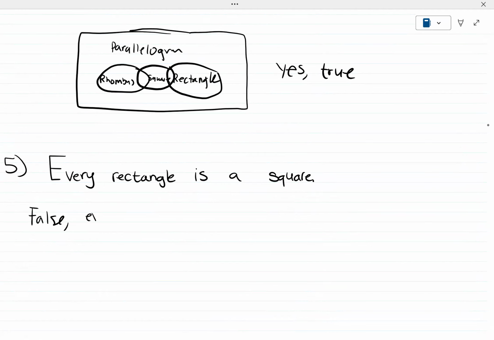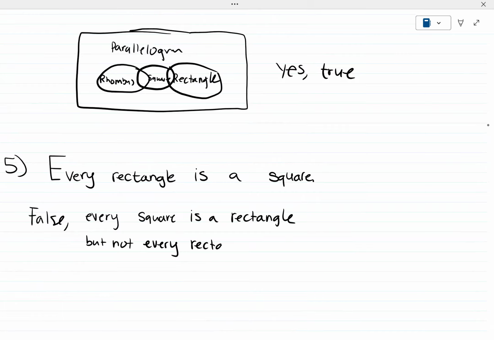So yeah, false, since every square is a rectangle, but not every rectangle is a square.